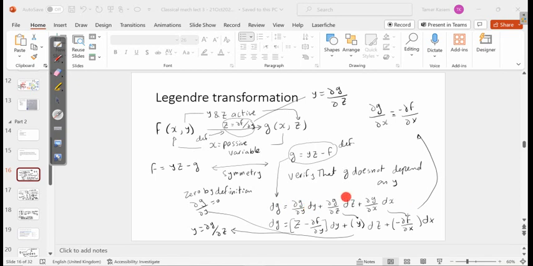For instance, dg will be equal to partial g by partial y dy plus partial g by partial z dz plus partial g by partial x dx. Partial g by partial y is simply z minus partial f by partial y. By definition z is equal to partial f by partial y, so this term is zero. The next one is partial g by partial z. Partial g by partial z is equal to only y.